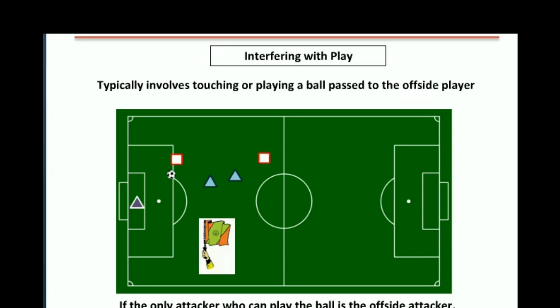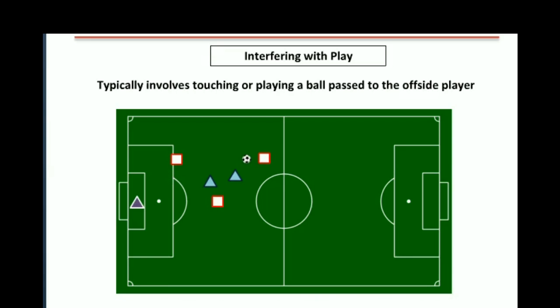However, a crucial component of application of the offside clause is what is called the wait and see approach. In a situation where two attackers have an opportunity to play the ball, one offside and the other onside, the assistant referee should wait to make sure that the offside player is actually the one that plays the ball.